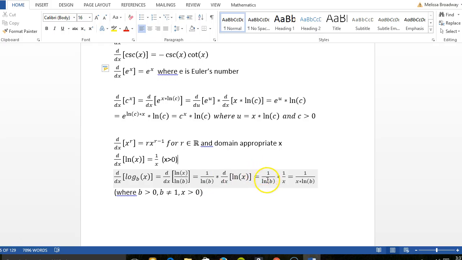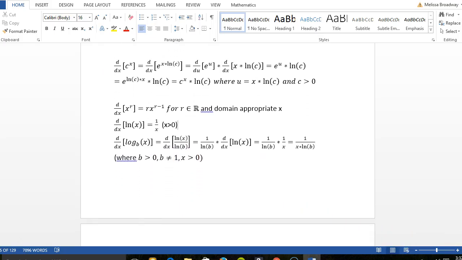So that's 1 over ln b times 1 over x, from what we said just up here. Top times top over bottom times bottom, that's just 1 over x ln b. Where, of course, it's understood that b is positive, b is not 1, and x is positive.